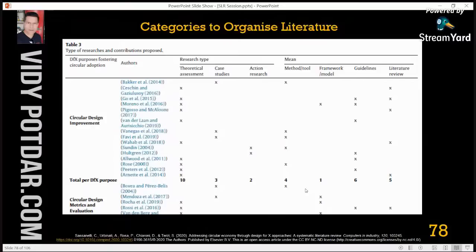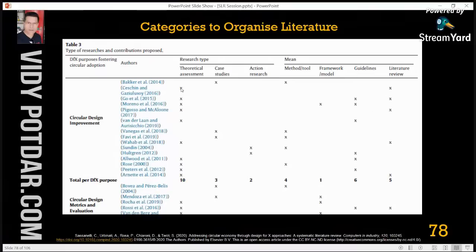Next, coming to the knowledge map, or categorizing the research literature. Here they have got 6 categories. So circular design improvement, and circular design metrics, and so on. They have got the relevant research papers under each category.